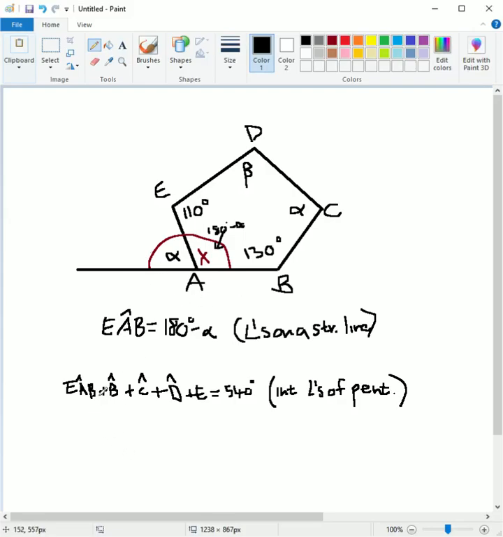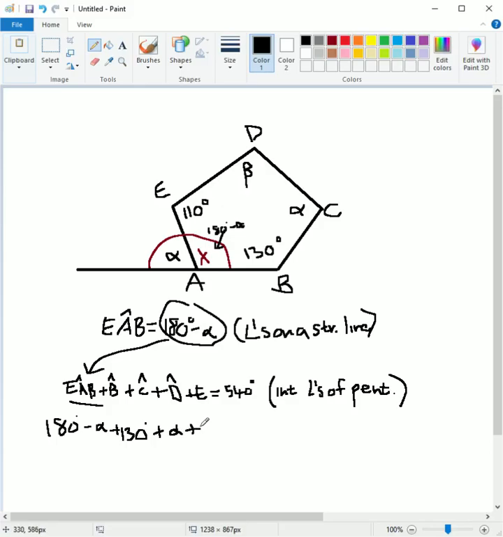Alright, so now let's substitute our values. So EAB, that was the value that we found over here. This is going to become 180 degrees minus alpha. B is our 130, so we're going to add our 130 degrees. C is our alpha, so we're going to add alpha.